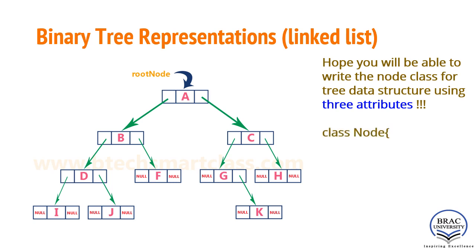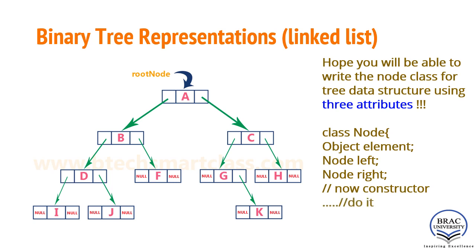So for the class, the first data type will be element, that is object element, and element mentions this one, that is A, B, C. These are the element type, and there are two parts, that is left pointer or left address and right pointer or right address. So these 3 fields are mainly for representing a node class of tree data structure.